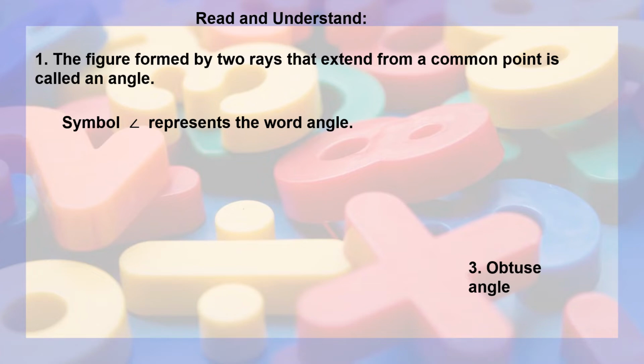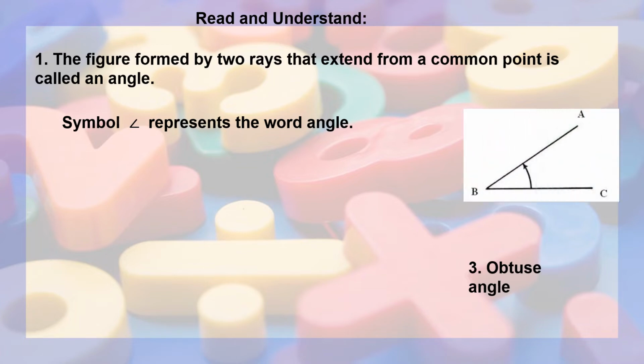Instead of writing the word angle, you can directly use this symbol to represent angles. You can see AB and BC. You can extend these two rays from a common point where they are meeting at B. Where these two lines meet, they form an angle, that is angle B.